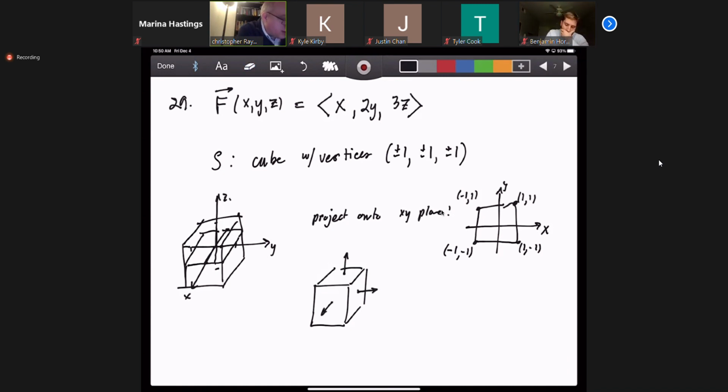So the front face of the cube where x is equal to 1, y and z go between -1 and 1, the normal vector is going to be a unit vector in the plus x direction.